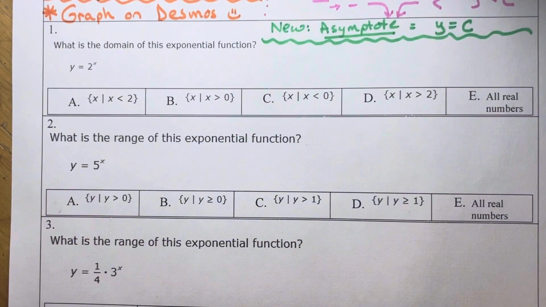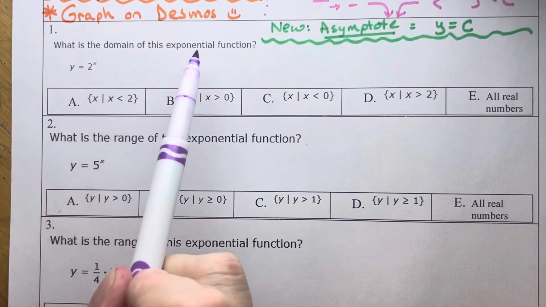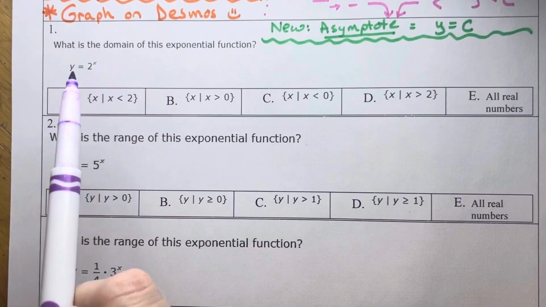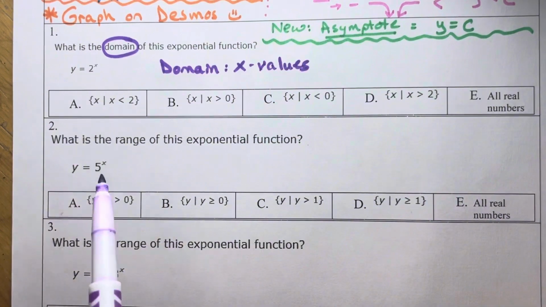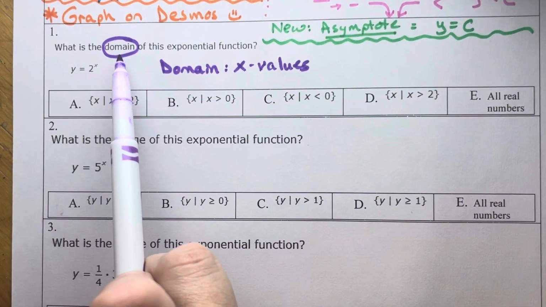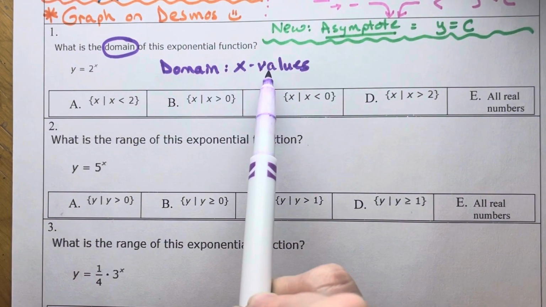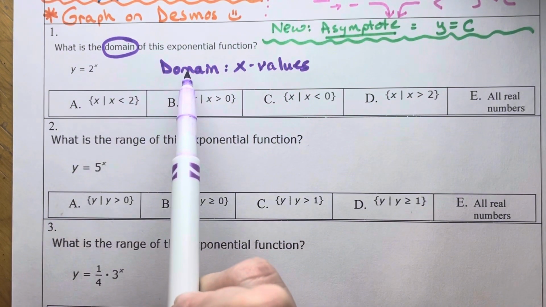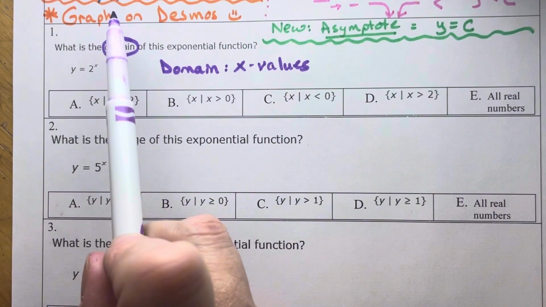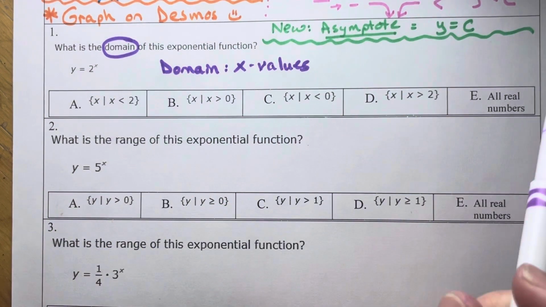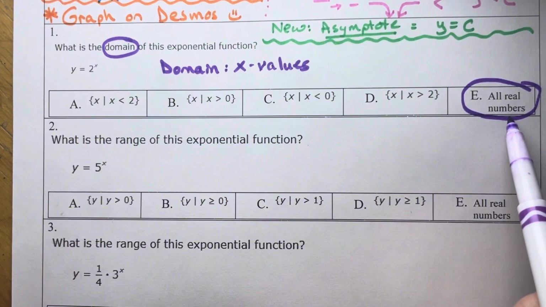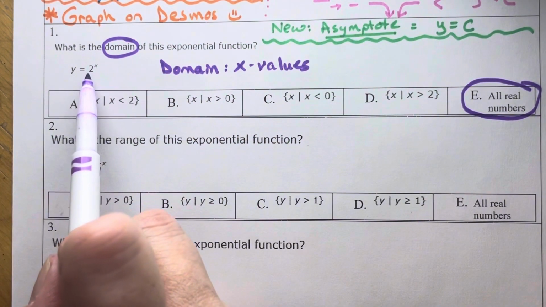In example 1, we are asked to determine the domain of the given exponential function where y is equal to 2 to the x power. We saw in our introduction that the domain is still the x values for our given function, and we know that the domain is always all real numbers for any given exponential function, especially if you are given a whole equation.